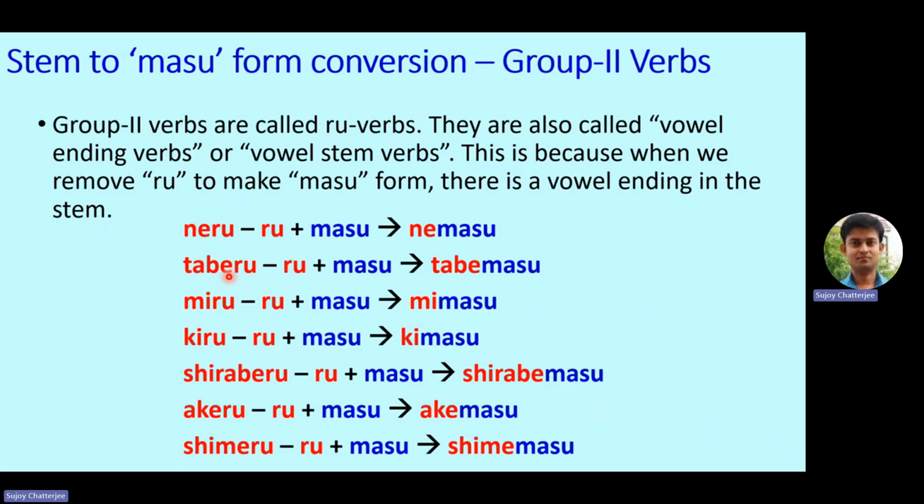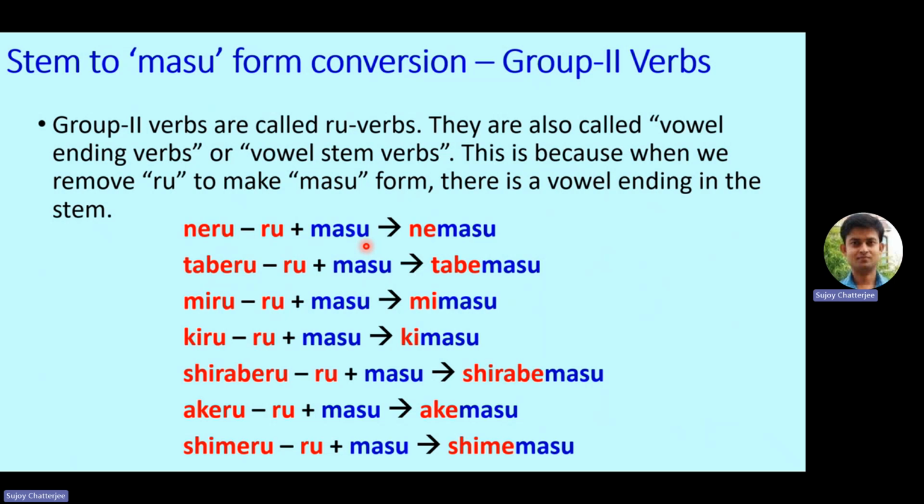Now these examples show how to convert the group 2 verb into its mass form. So as you can see, neru, we simply remove ru and add mas. That means neru becomes nemas.